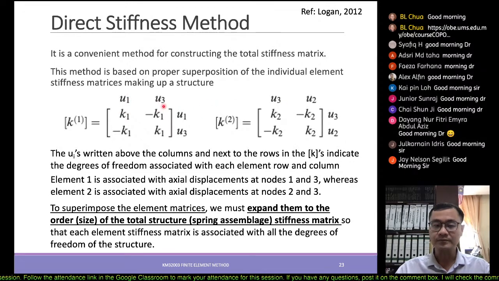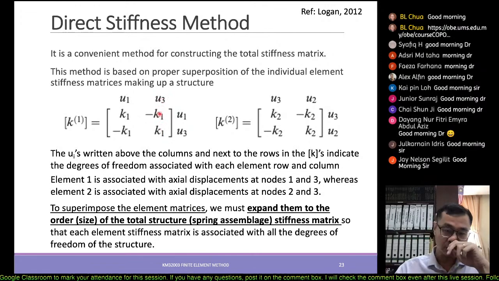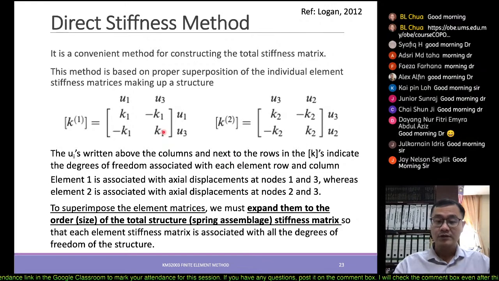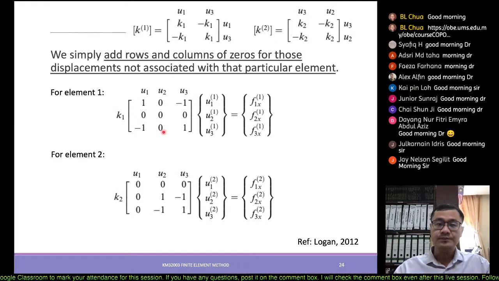You can see that for U1 and U1, here we don't have it in the second element, so when we superimpose, this is the only contribution. But for U3 and U3, here we have K1 and here we have K2. So when we combine them together, we have to use K1 plus K2 to represent the U3 entry in the matrix itself.